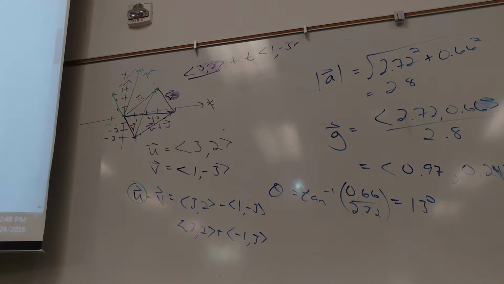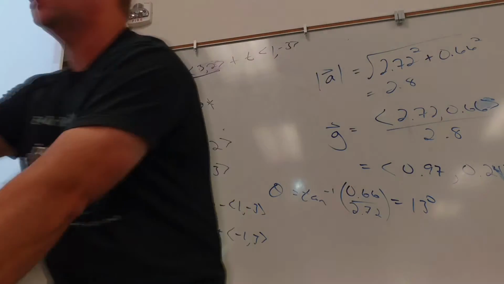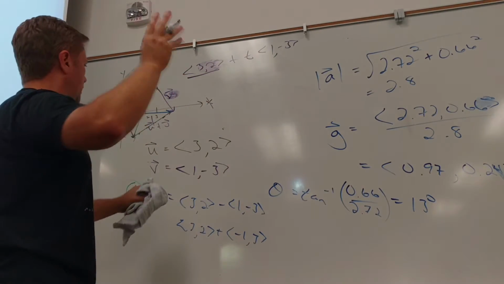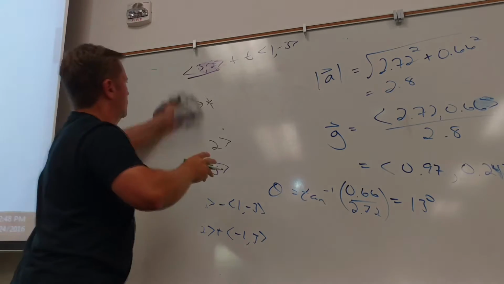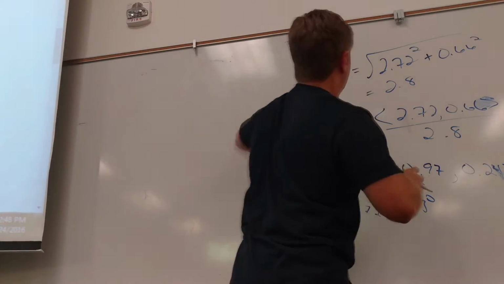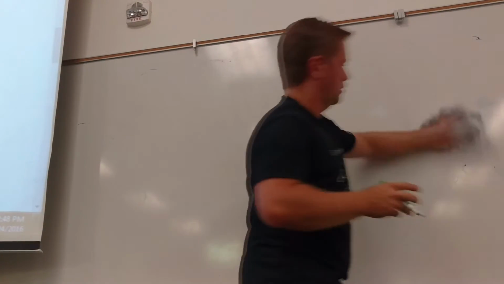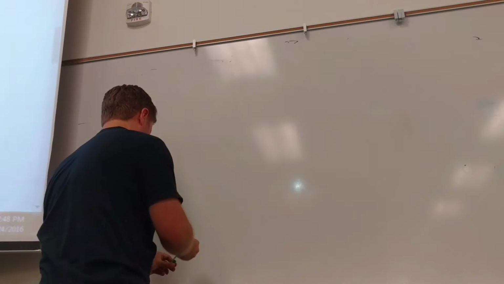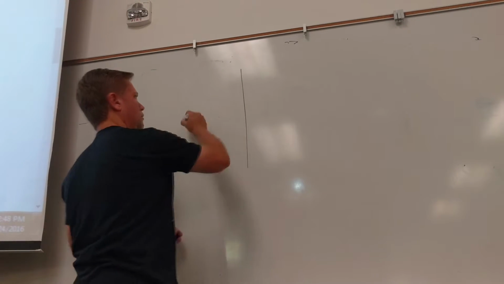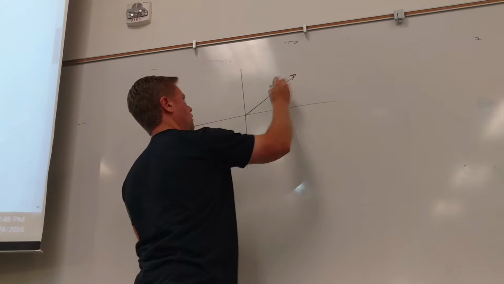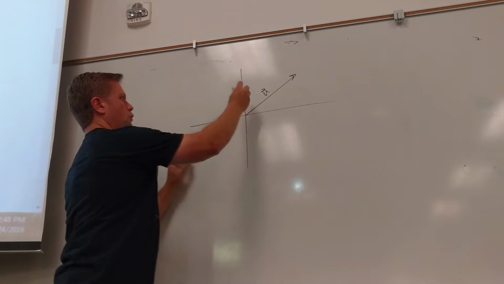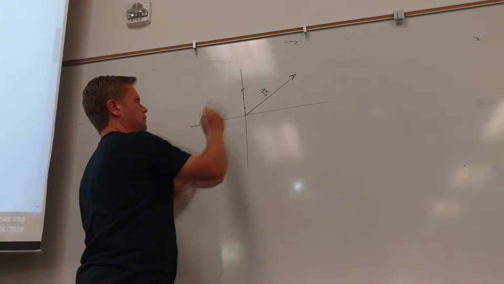One more thing I want to say about subtraction, just to see it, because I like this visual. If I have a vector sitting here, what would you say this is?